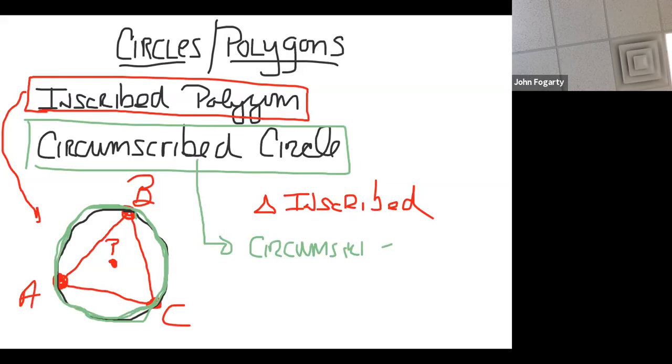So circle P circumscribes triangle ABC. Does that make sense? All right? You just need to know that that's what we call those. So in this picture, triangle ABC is inscribed in the circle P. Circle P circumscribes triangle ABC. All righty? Now, doesn't change a whole pile of stuff, but you need to know the terms.